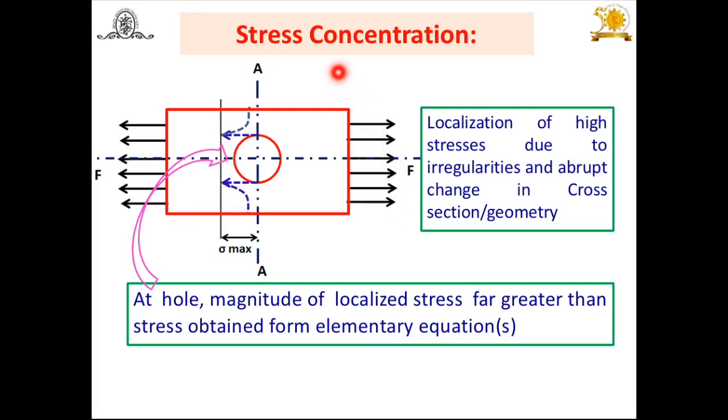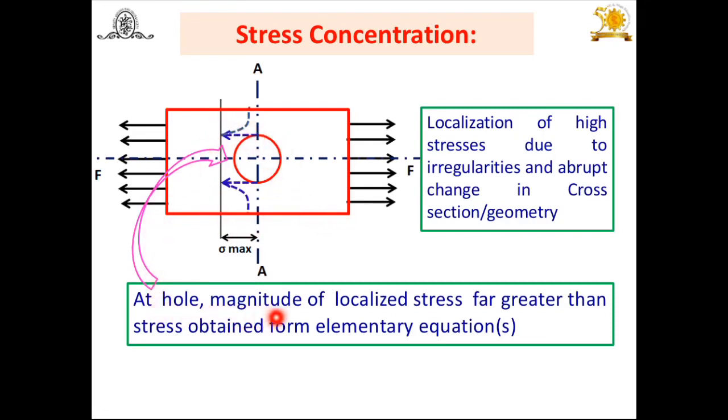So what do you mean by stress concentration? Localization of high stresses at irregularities or abrupt changes in cross section or geometry. But in actual practice, by using a simple elementary equation, we assume the cross-sectional area is uniform, and that's why it doesn't give the correct result. But here stresses are more.